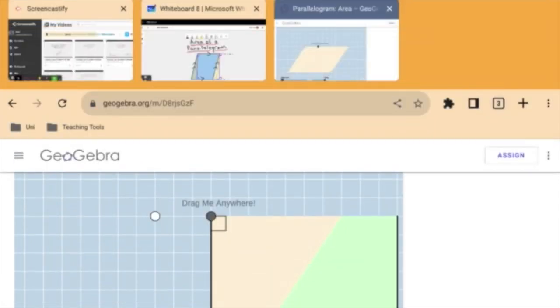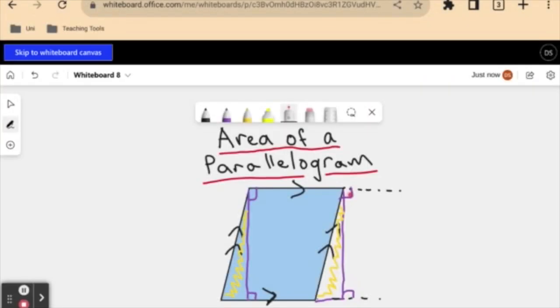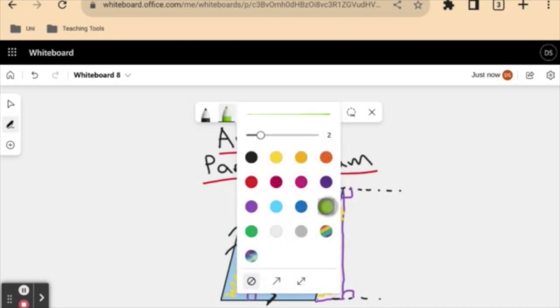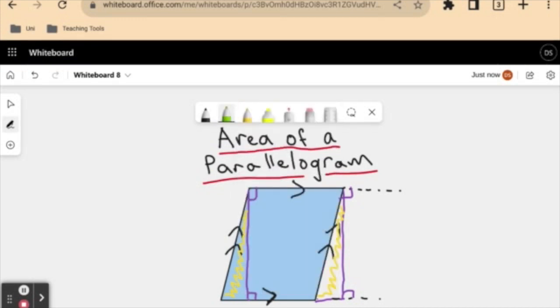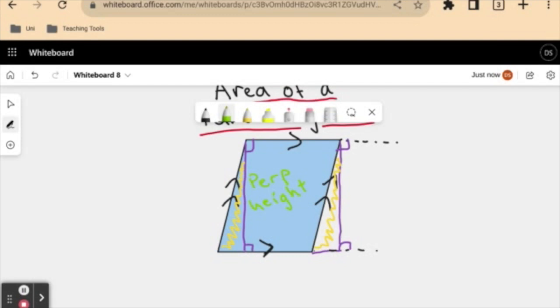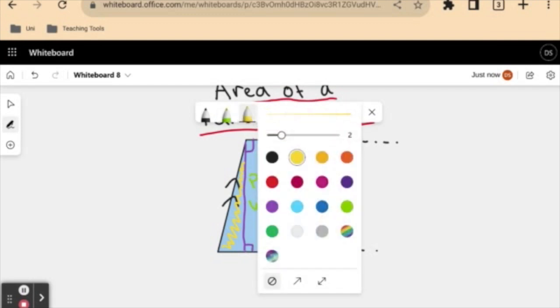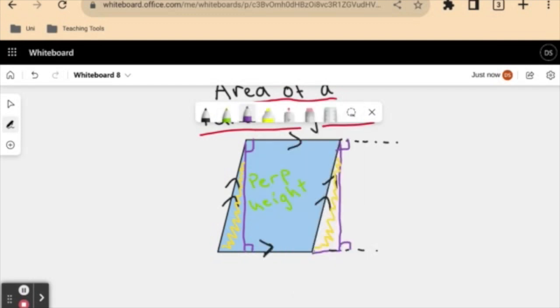Now, going back to what I've drawn here, couldn't we then say, well, if we have a perpendicular height, we're going to call it, here, so I'm going to write perpendicular height and a width down the bottom. Let me write that in purple. And a width.